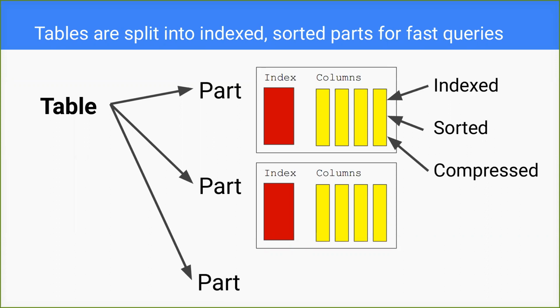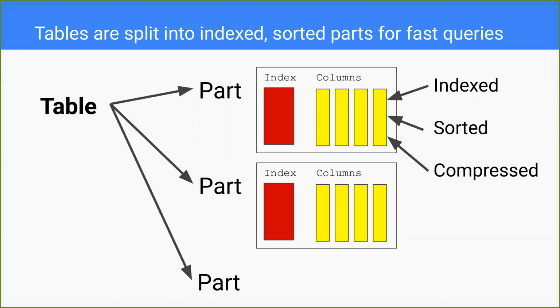For example, if we have a table that's reading time series data, we might partition it by month. As the data are inserted, we break them up into parts. So a part is a piece of a partition. If you look inside it, it has an index, something called a sparse index, that allows you to find data values very quickly.